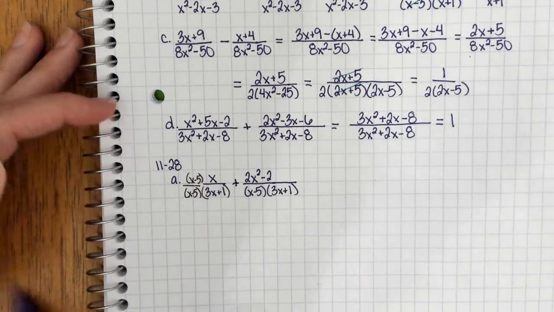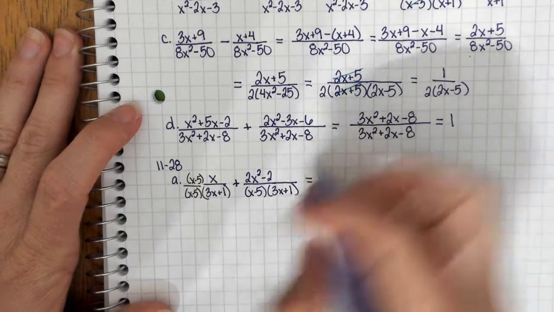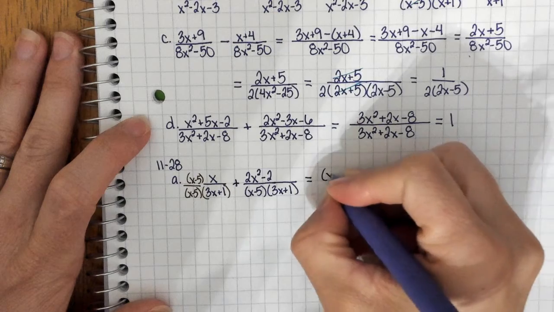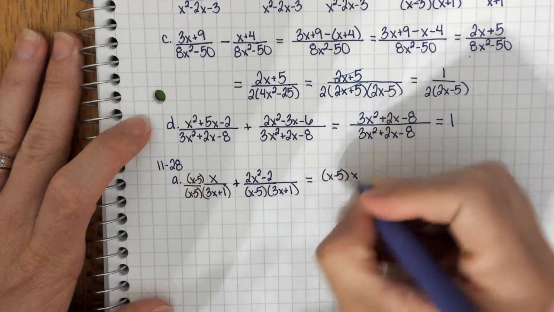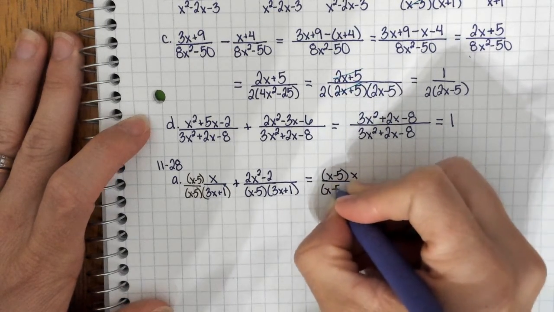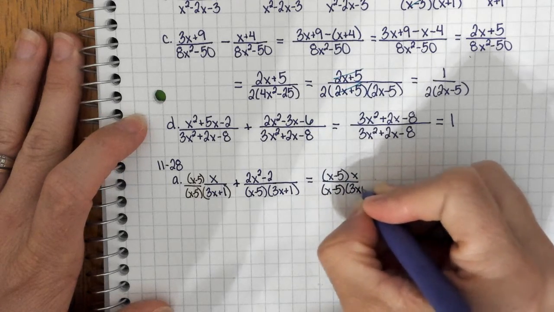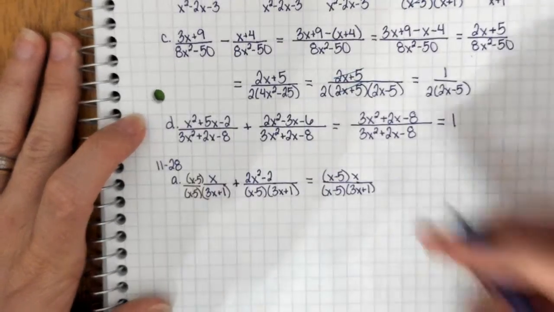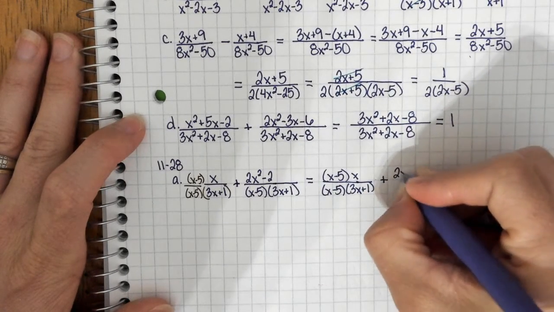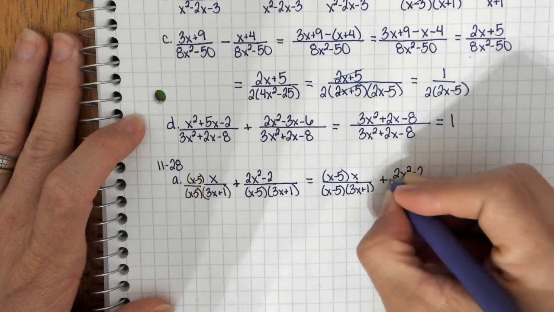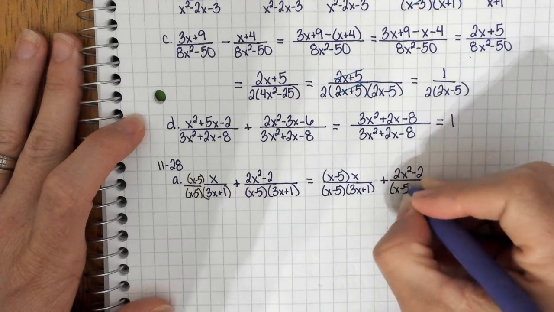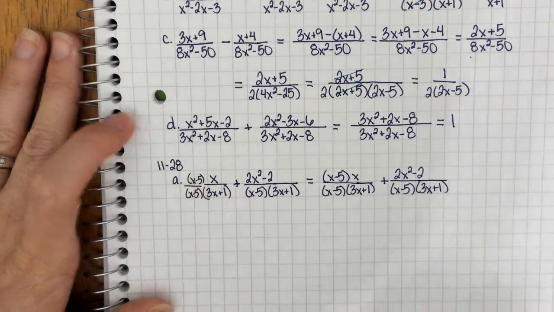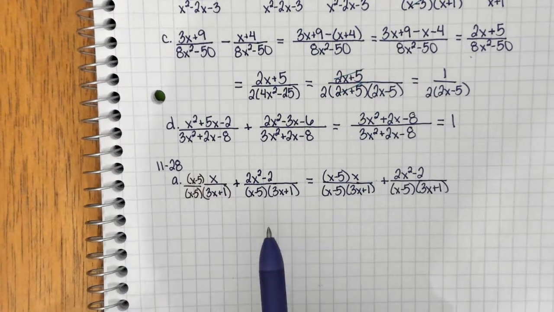So by multiplying that, I have x minus 5 times x over x minus 5 times 3x plus 1. Just writing it out as one fraction now instead of the multiplication, plus 2x squared minus 2 over x minus 5 times 3x plus 1. Now I have a common denominator.